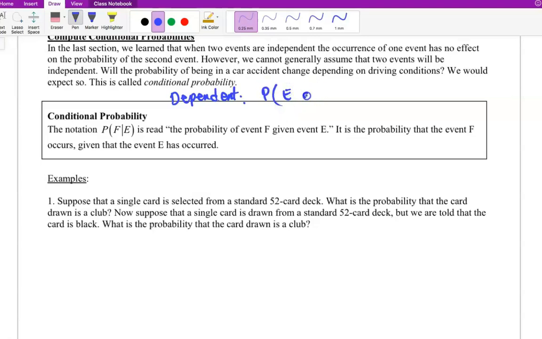So the probability of E and F, this is when two events are dependent. It is the probability of E multiplied by the probability of F. See, we already have this part. Now having the second event, which depends on what we got on the previous step.